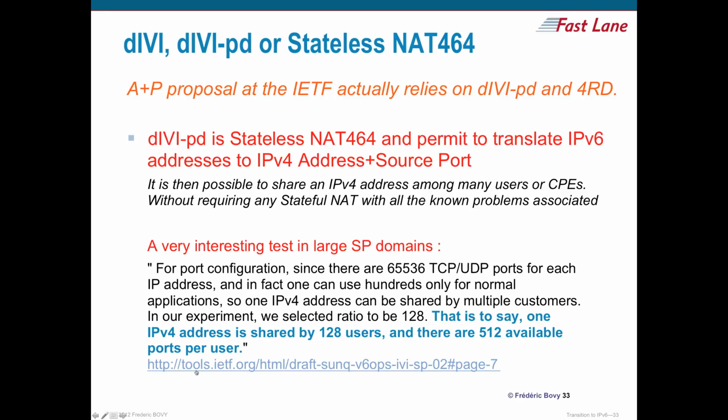I gave you a link here to a very interesting test which has been performed, and I really recommend that you take a look at it because it shows very good results in a test in a large network which was simulating a service provider backbone.